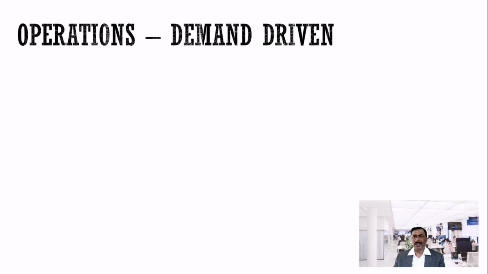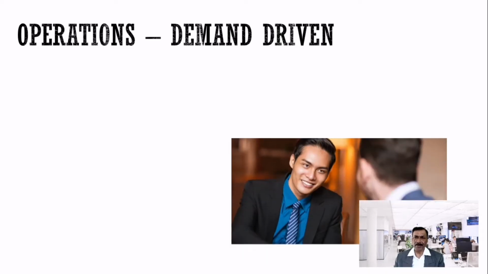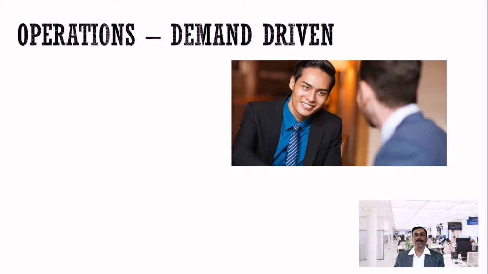Now the market wants different varieties, and if you want to optimize your cost, either inventory or manufacturing cost, you should go in a demand driven manner, which means you should produce the goods only when the order is there, but when the order comes you should be able to assemble quickly and deliver it. But this is where most of the industry is lagging, because our process takes time.